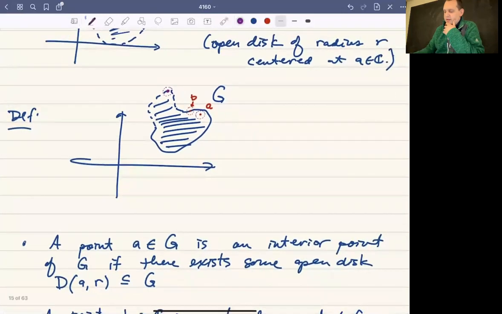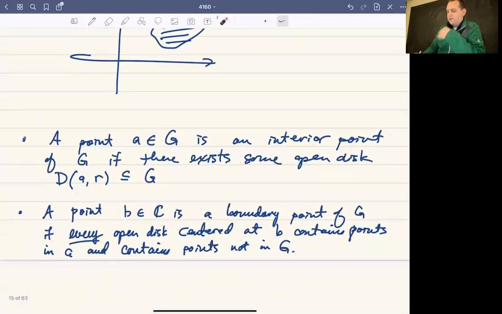So just notice that that's why it's okay for a point B to be a boundary point if it's just some generic complex number. It doesn't necessarily have to be in G, but interior points have to be in G. There's no wiggle room there. Okay, so point B is a boundary point if every open disk centered at B contains points in G and points not in G. Let's keep going.